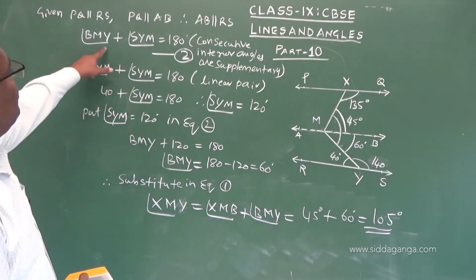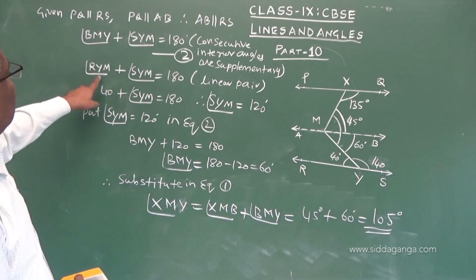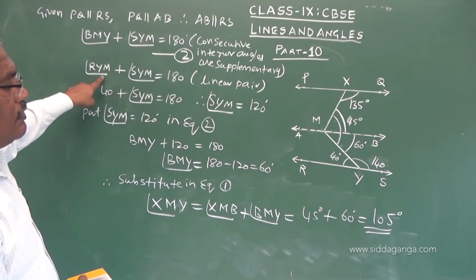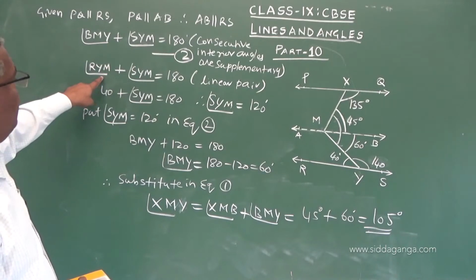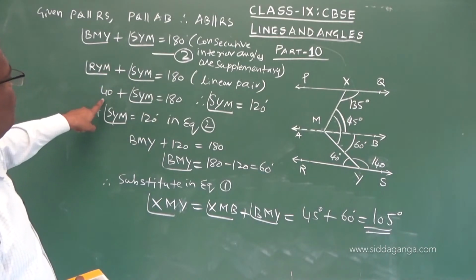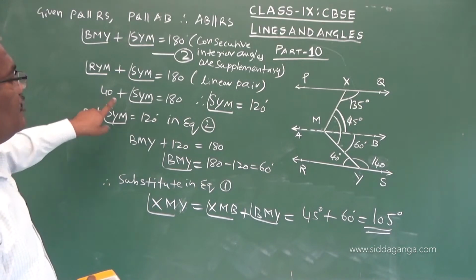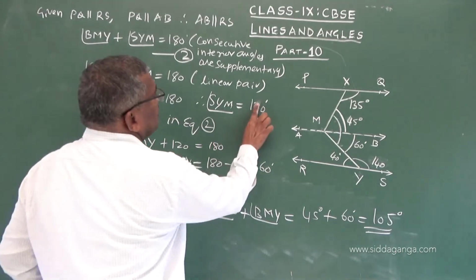BMY is equal to 140. This is equation 2. And RYM is given 40.